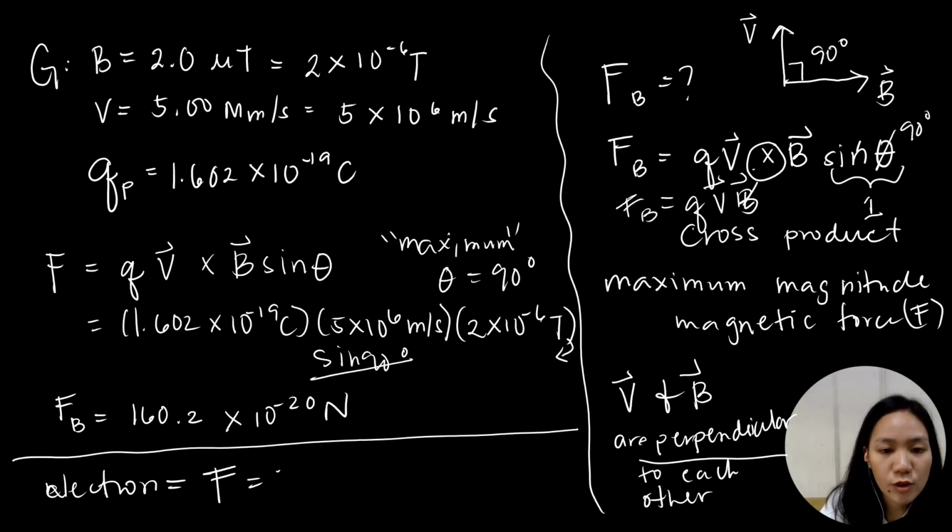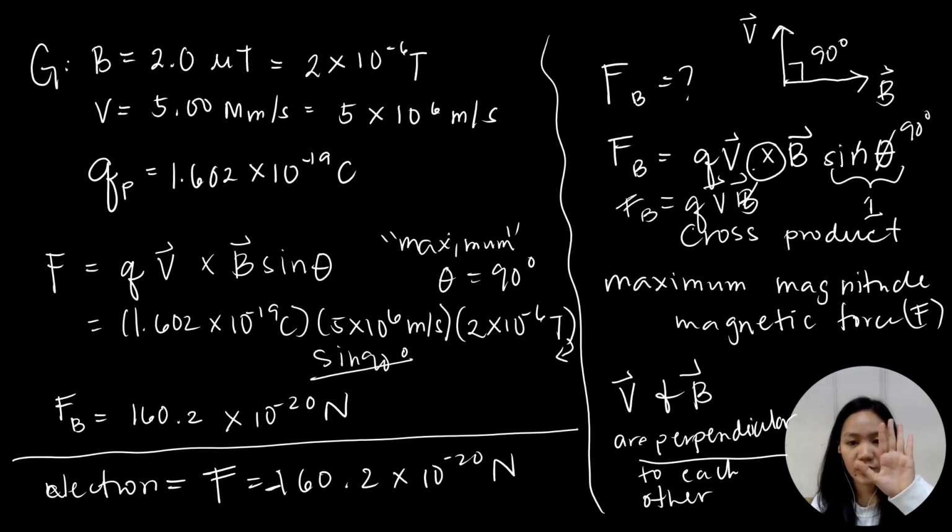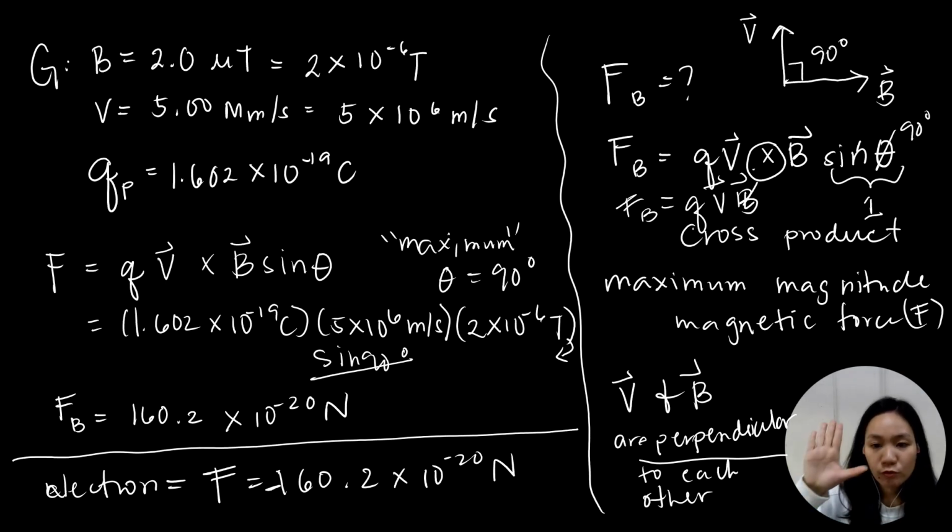It would be 160.2 times 10 raised to negative 20 newtons still, but negative, because the charge is a negative particle. As for the hand, you can use your left hand to determine the direction of the magnetic force. For a proton, we use the right hand rule, but for an electron, we use the left hand rule.